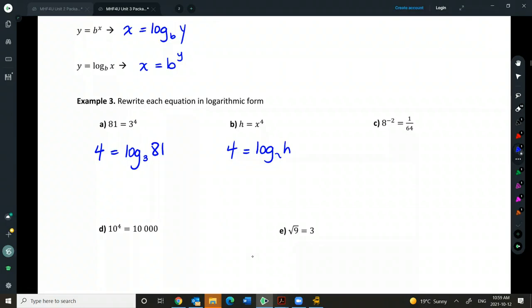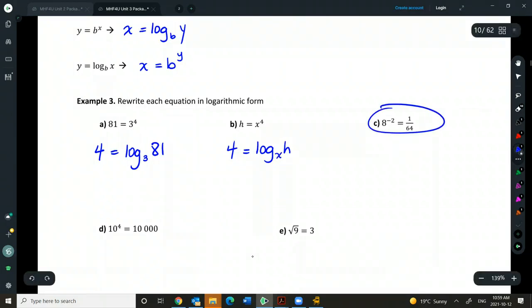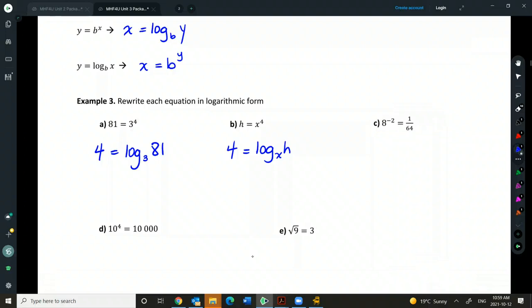Okay. How about this one? Who wants to try this one? Sam, you want to do this one? It's the same as before. So what's the exponent? That will be the answer. What's the base?